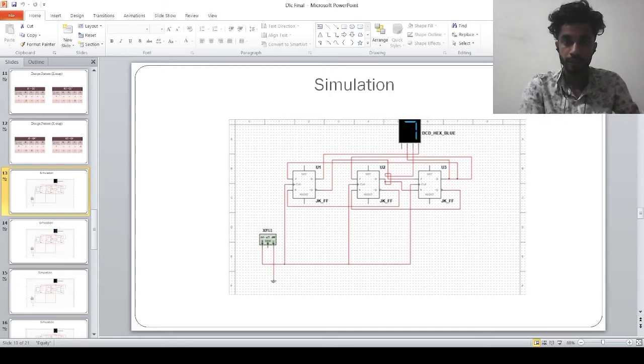Q2 bar is connected with the DCD hex blue counter. When the function pulse is high, we get output from DCD hex blue. The first output of DCD hex blue is 7 and the second output is 3.